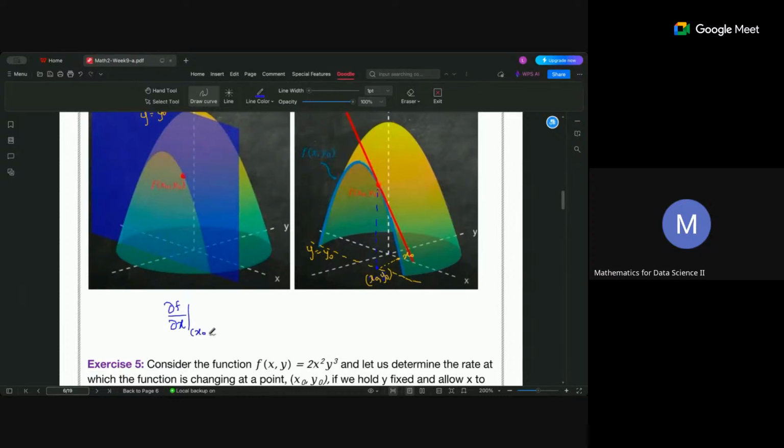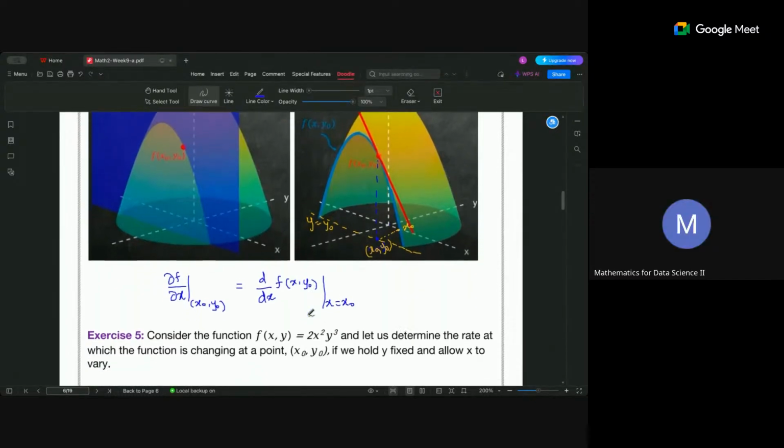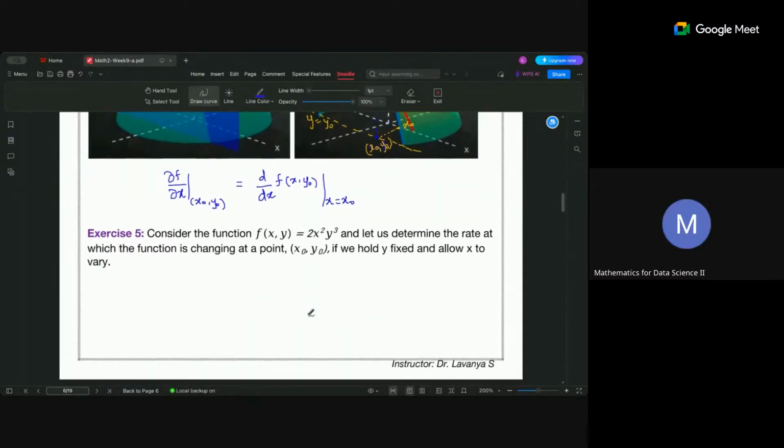At the point x naught comma y naught. Now this partial derivative is simply reduced to the derivative with respect to x of this function at the point x equal to x naught. Okay, are you able to relate whatever I explained here? Yes. Okay, good.